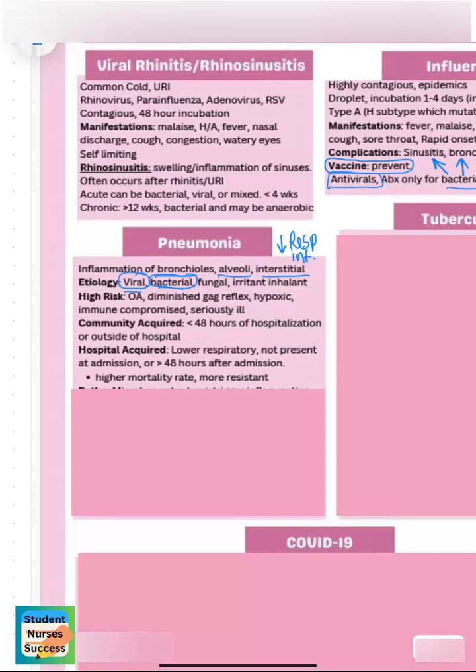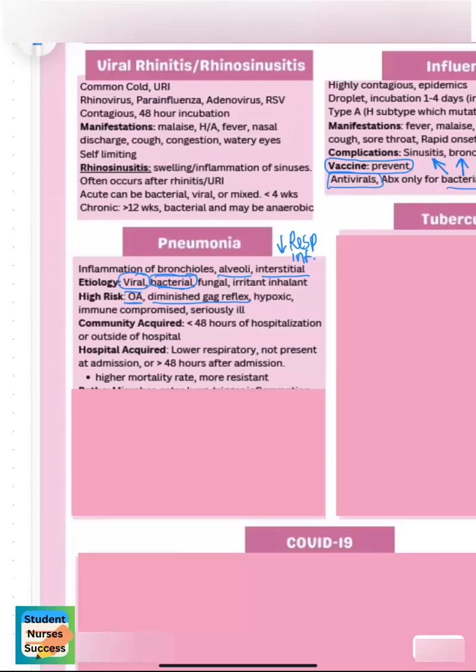High-risk individuals for pneumonia are our older adults and those with a diminished gag reflex. People with neuromuscular disorders may have a decreased gag reflex that predisposes them to aspiration and aspiration pneumonia, when you aspirate some of that stomach acid into your lungs.